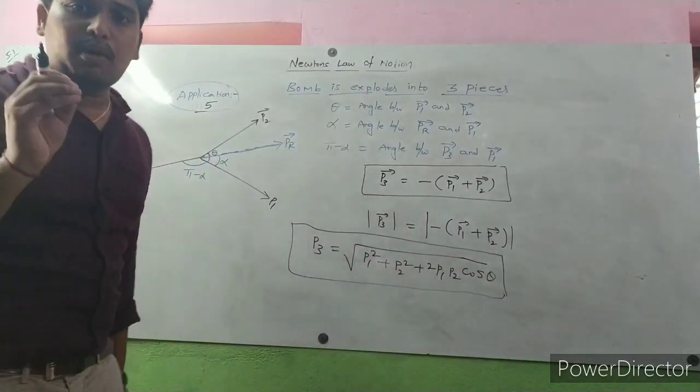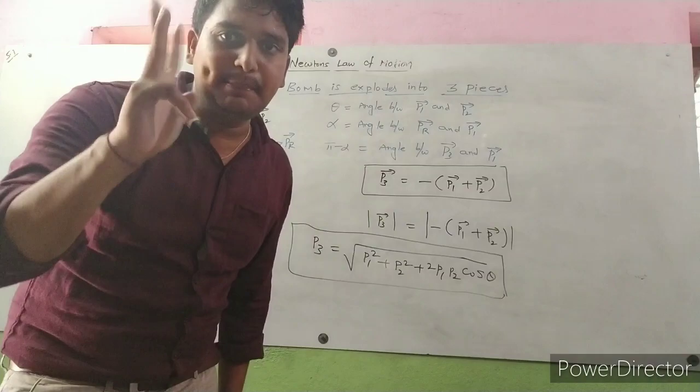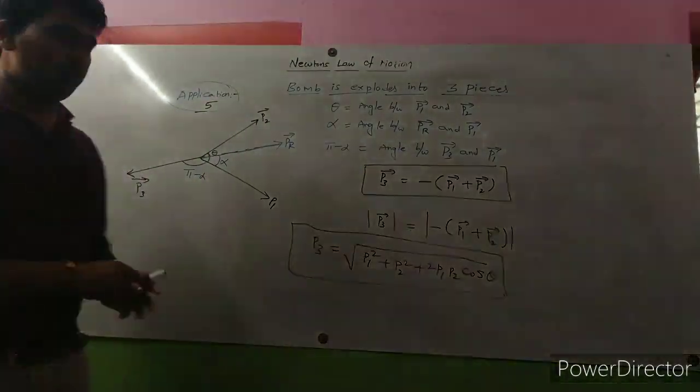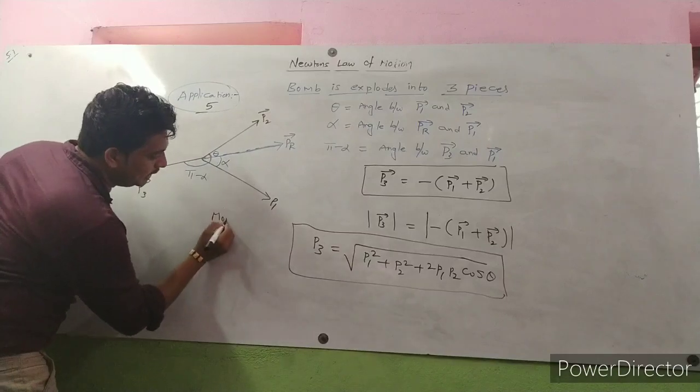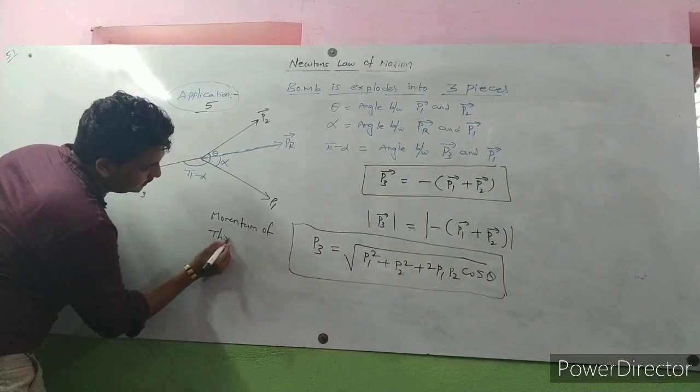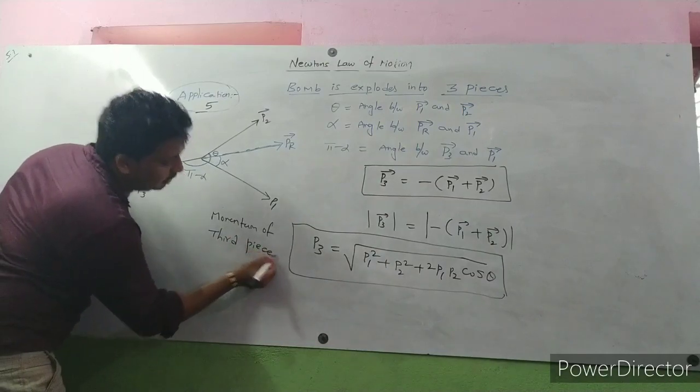If one bomb explodes into three pieces, the momentum of the third piece is given by this formula.